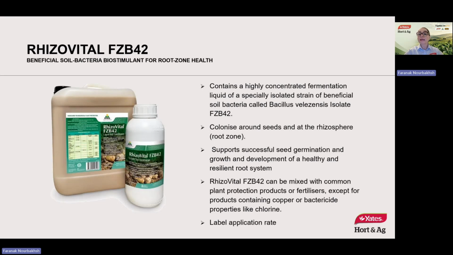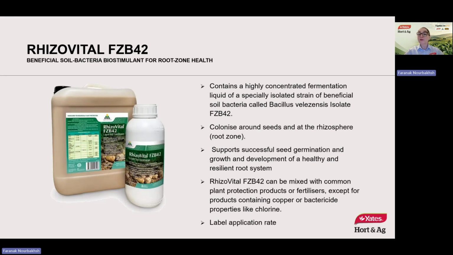When we colonize the seeds and rhizosphere with this beneficial bacteria, we shift the root zone toward beneficial bacteria dominating the spots, and destructive bacteria and fungi won't have any place to become dominant.